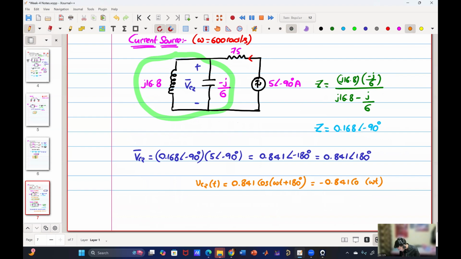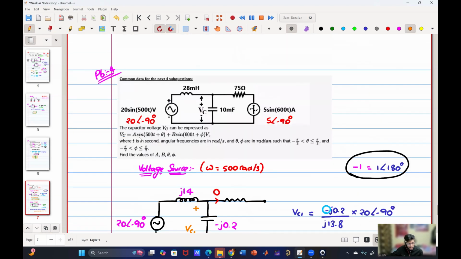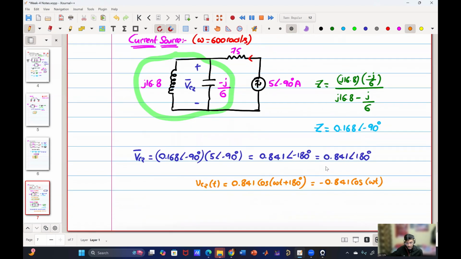But if you check in the question, they have written both in terms of sine. So I have to convert this cos also into sine. So I will be writing my VC2 of t as minus 0.841 into sine of omega t plus 90 degrees.